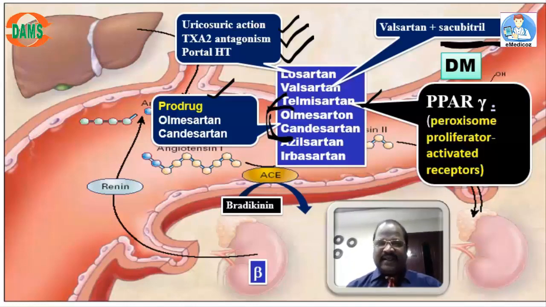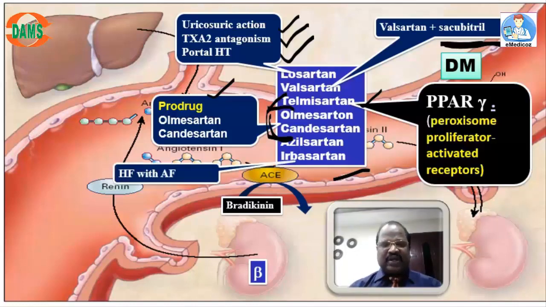Whereas among the ARBs, prodrugs are olmesartan and candesartan. And finally, irbesartan. Irbesartan has one important property of controlling heart rate. So irbesartan is useful for treatment of hypertension with atrial fibrillation.